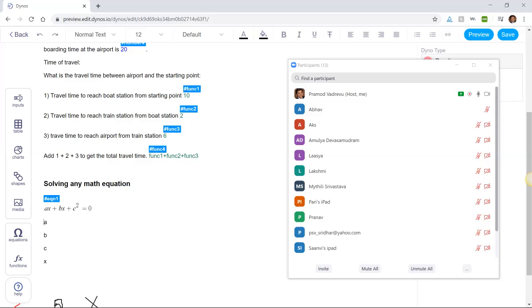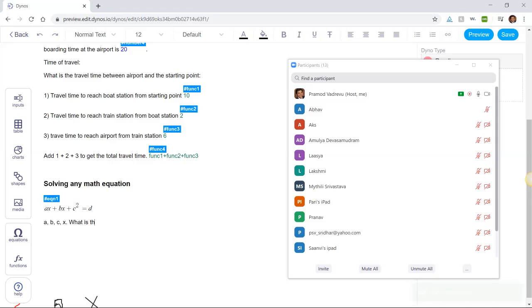So how do you calculate this equation? Not even 0 actually. Let's say some D, okay? So now I give you the values of A, B, C, and X, and I say, what is D?